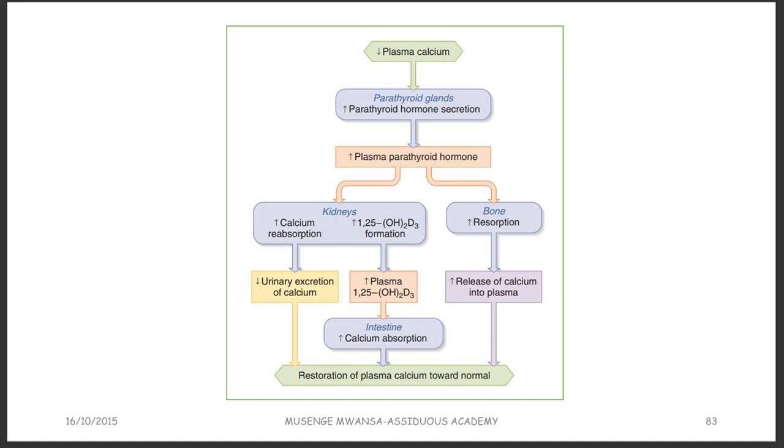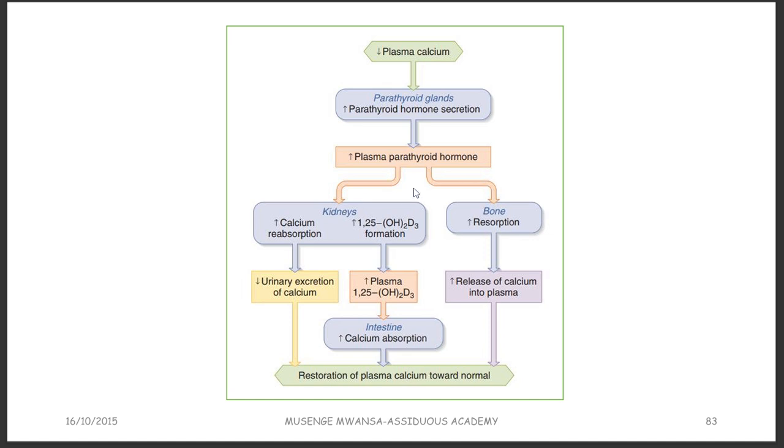But what is needed again will be removed from the urine and taken back into blood. So the calcium that was in the urine will be taken back into blood. That is calcium reabsorption. Right, and if you have reabsorbed calcium, it means you are going to have little calcium to excrete, to urinate. All right, and that still will restore calcium.